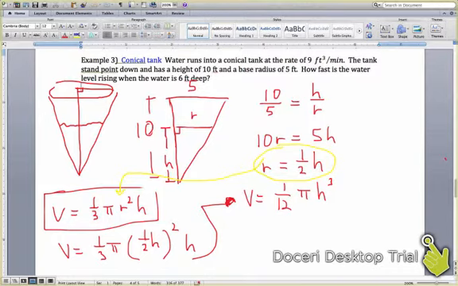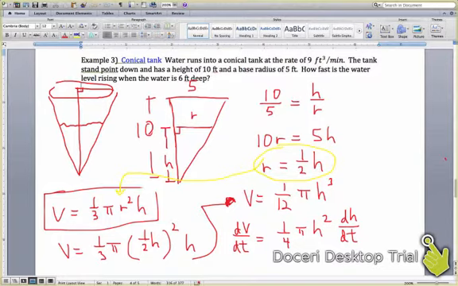So when you differentiate both sides with respect to t, this is what you end with.